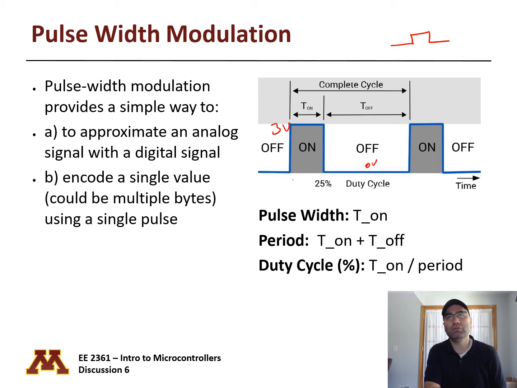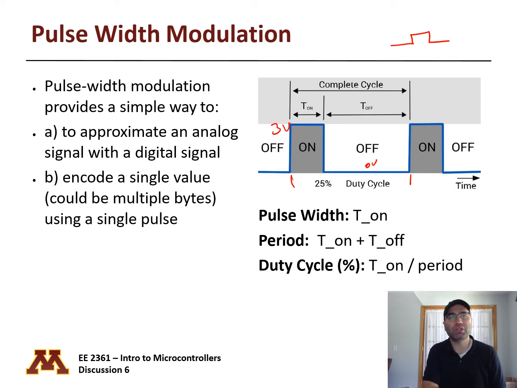during this period, if the signal was on 25% of the time and off 75% of the time, what's the average voltage here?